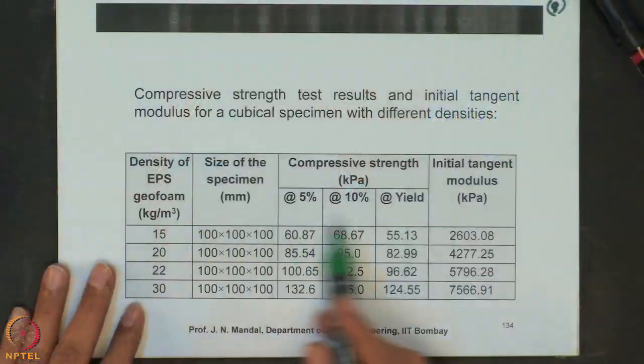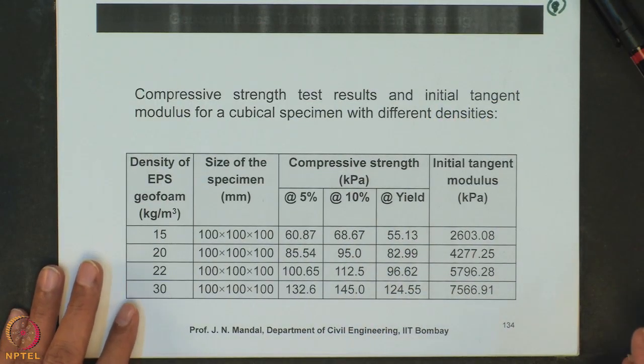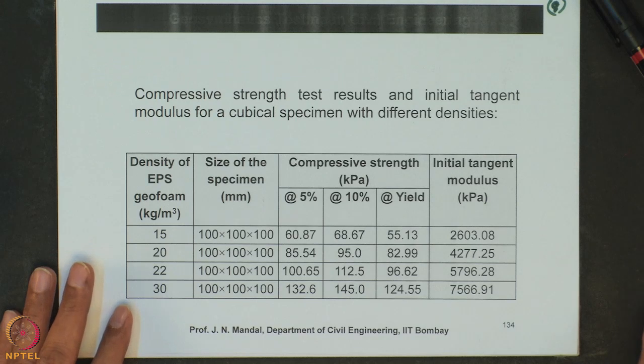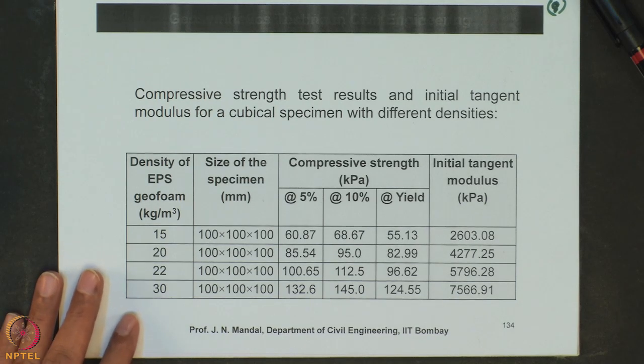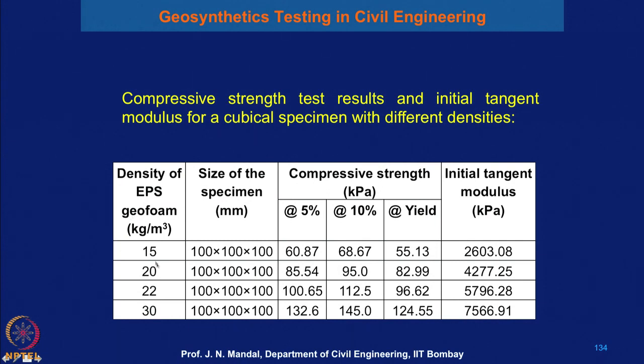Next, I am showing some more values from this test: the compressive strength test results and the initial tangent modulus of cubical specimens with different densities. Here is the density of the EPS geofoam. It may be 15, 20, 22 or 30 kg per meter cube, and the size of the sample in all densities we have kept constant, 100 by 100 by 100 millimeter.